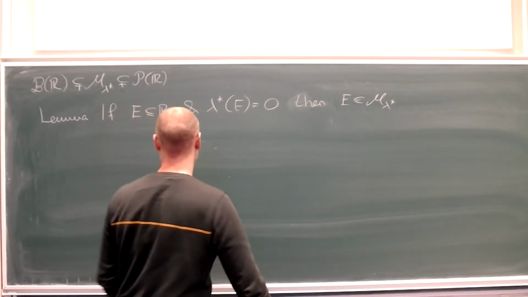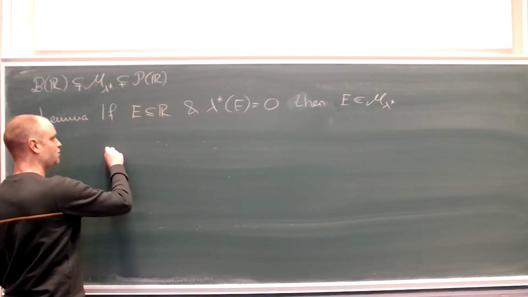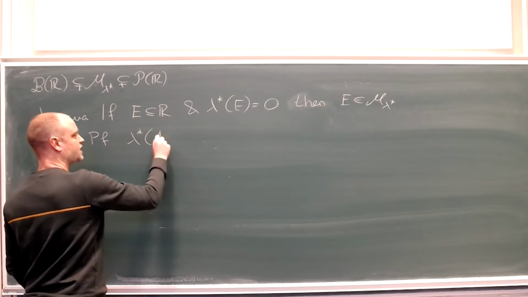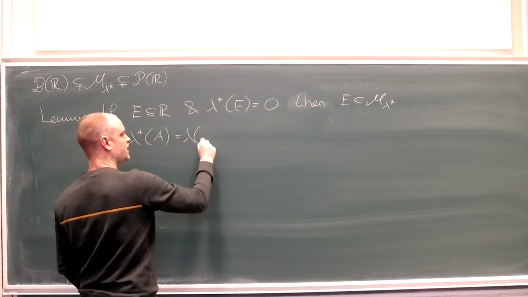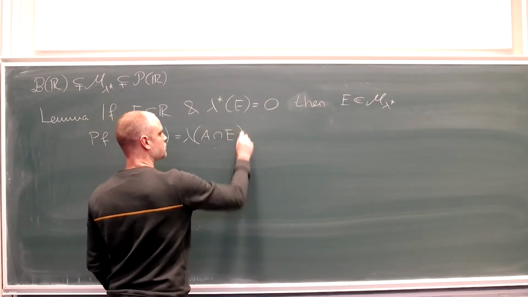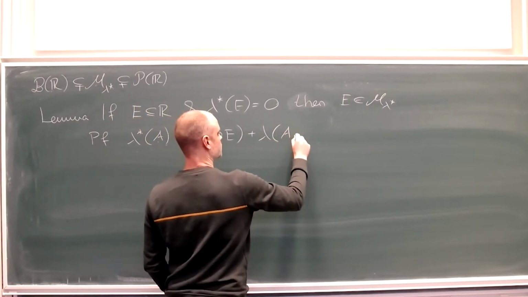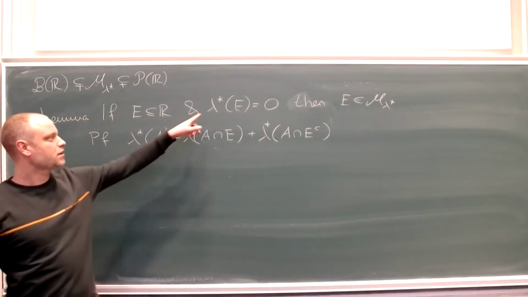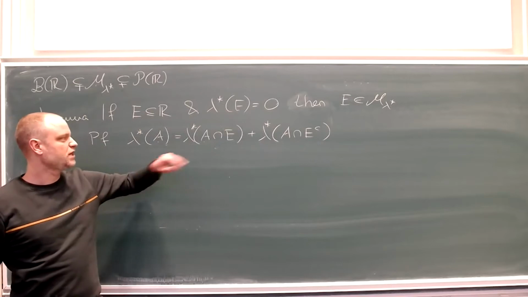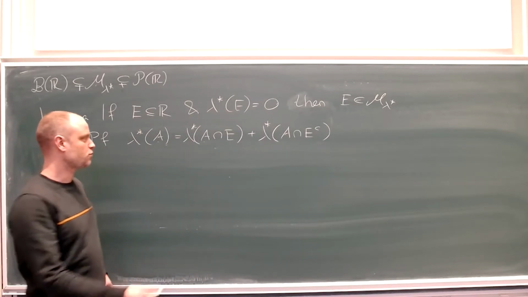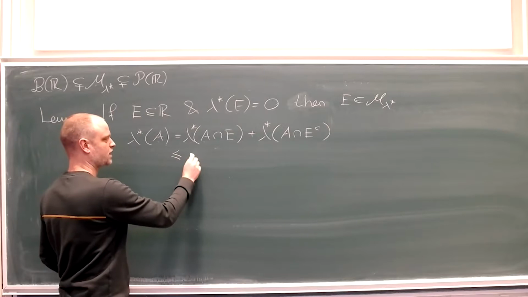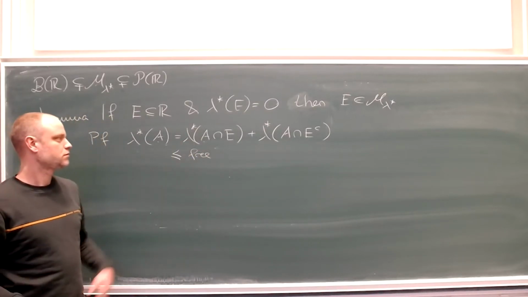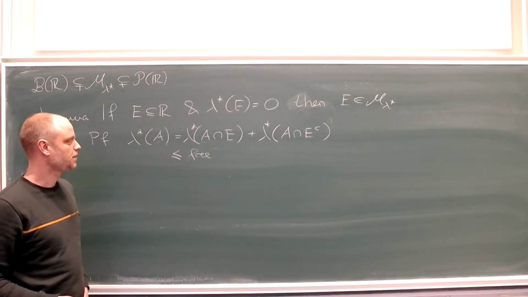Now, how do we see that? It's actually very easy, because what we need to establish is that for any set A, we have the following identity. But if the outer Lebesgue measure of E is 0, this is a triviality, because remember, this inequality we always get for free. This comes from this being an outer measure.